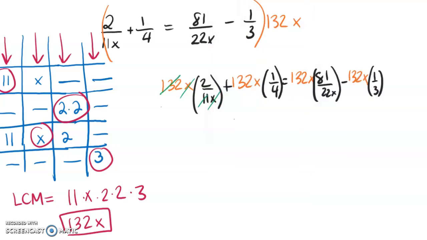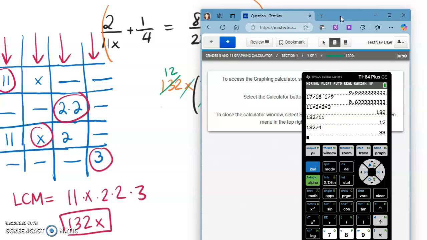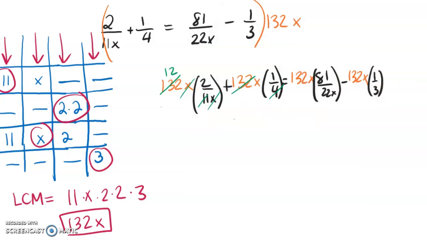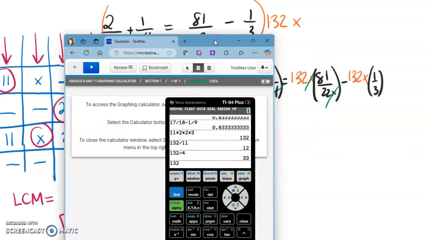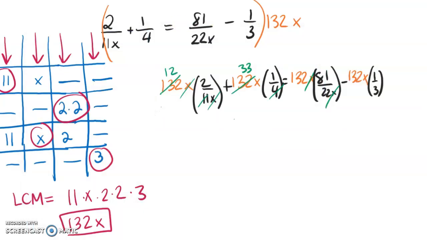So 11 goes into 132 12 times. 4, so the x remains, but 4 goes into 132 33 times. The x's divide out here. 22 goes into 132 6 times. And the last one, 132 divided by 3 would be 44. So let's write those down here. So we've got 6 and we've got 44.